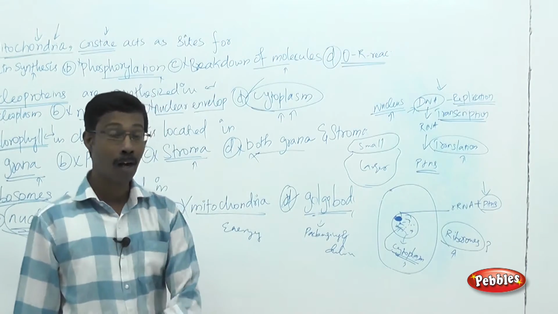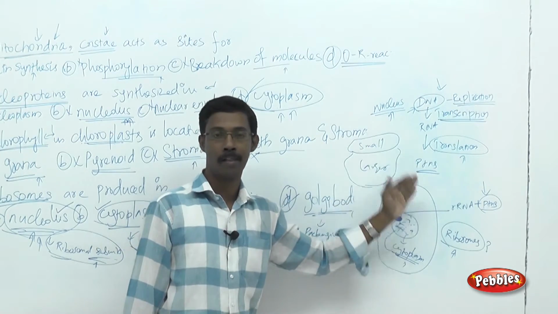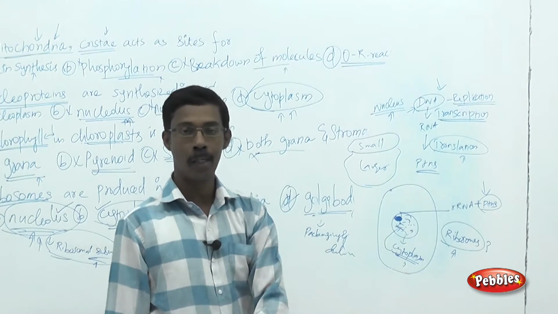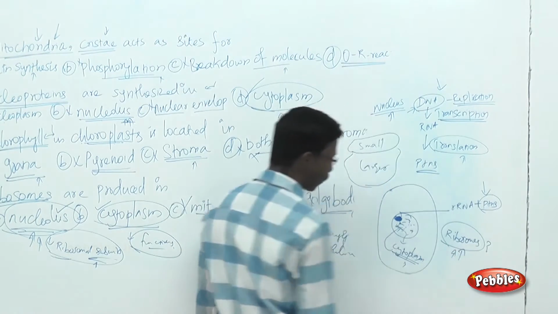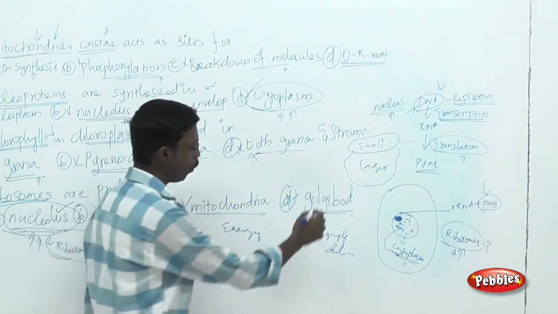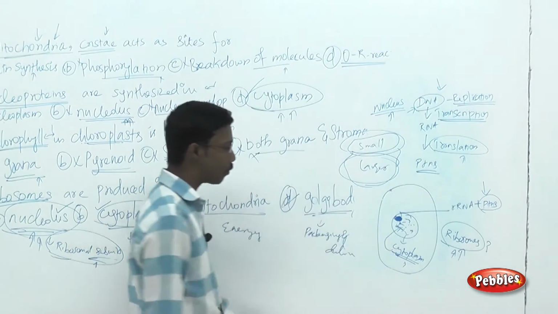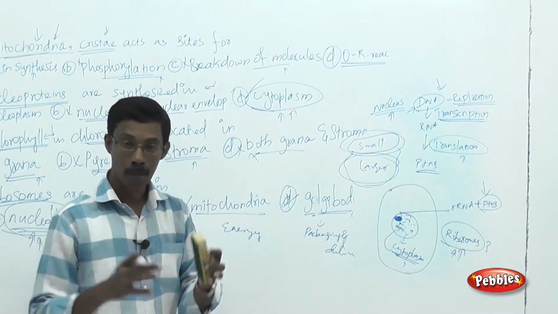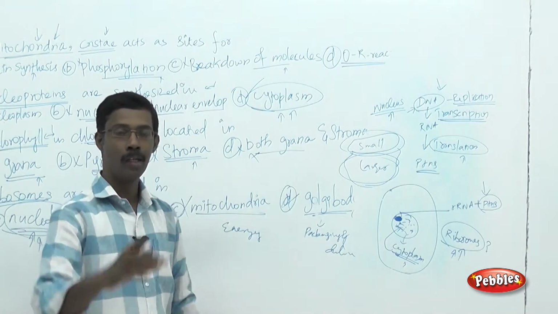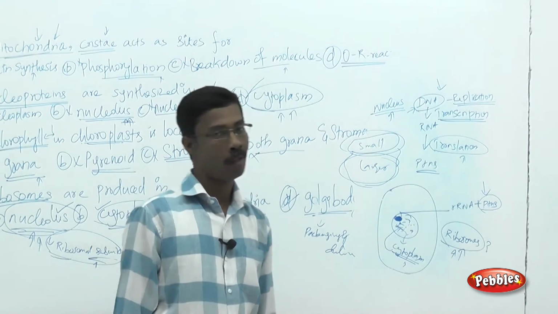All the RNAs are synthesized within the nucleus, and after synthesis, the rRNAs are transported to the cytoplasm and form the protein synthesis structures called ribosomes. As I told you, the subunits are formed in the nucleolus. Those subunits are transported to the cytoplasm and assemble as entire ribosomes, and those entire ribosomes synthesize the proteins required for the cell.